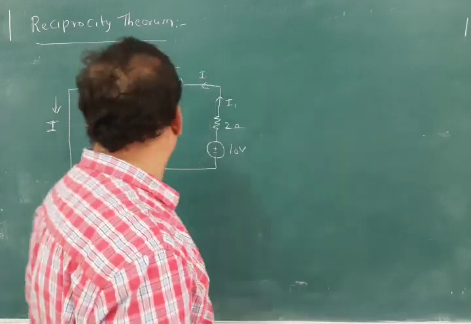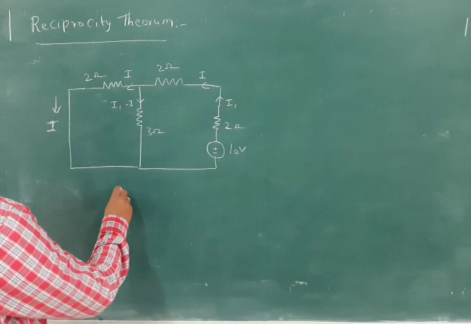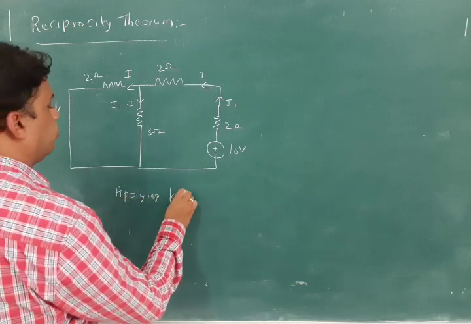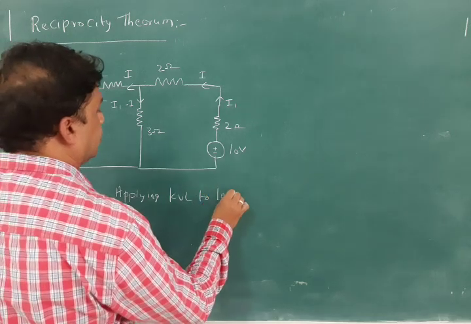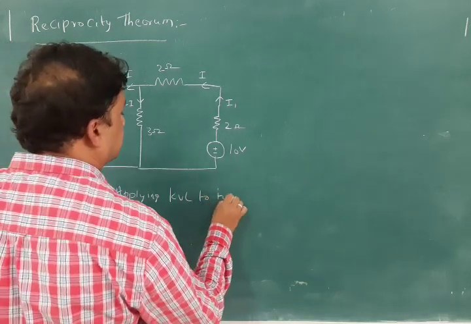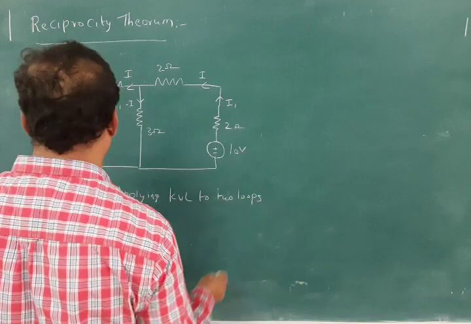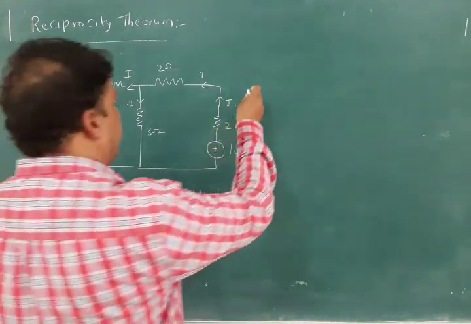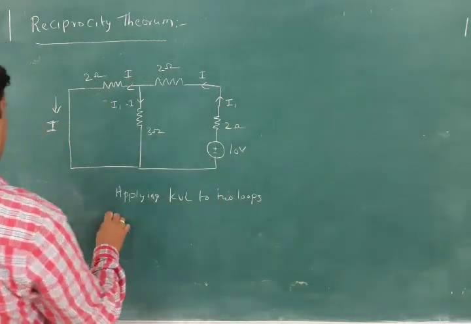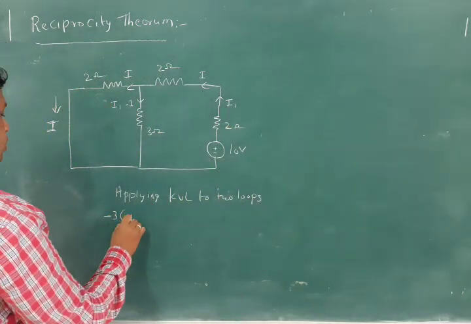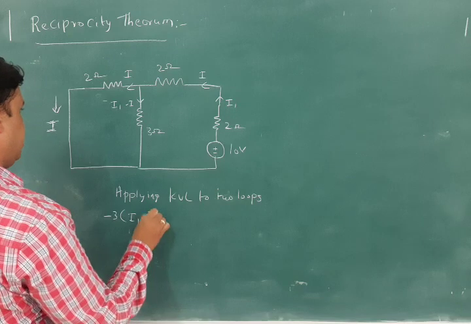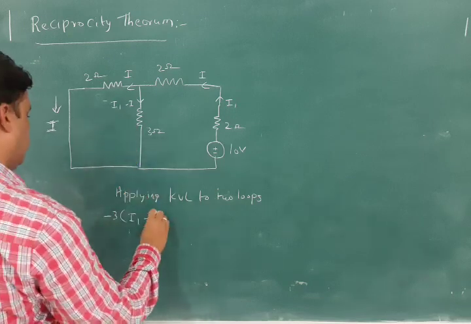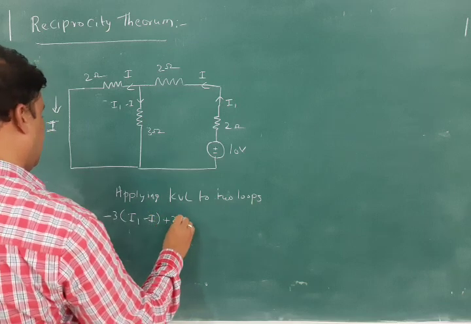Now let us write the equations, applying KVL to the 2 loops. First we apply it here: minus 3 into (I1 minus I) plus 2I is equal to 0.